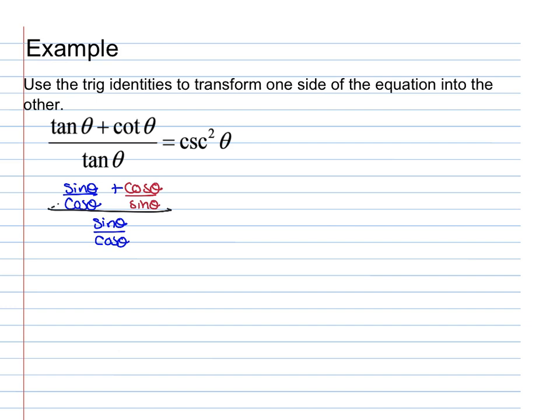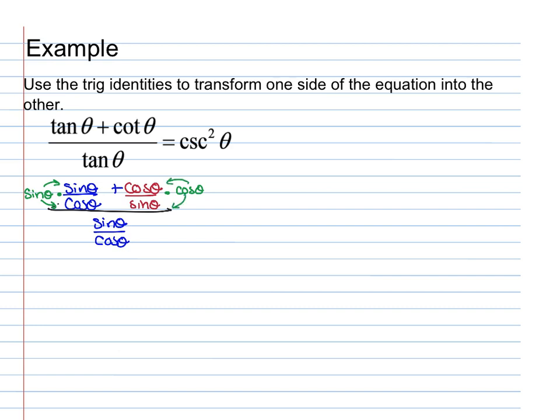I want you to look at the top part, and I want you to realize that anytime I'm adding two things, technically there are two fractions, I need a common denominator. So I'm going to multiply both top and bottom to get a common denominator. So this side needs a sine, and I'm going to put it in the middle. But I want you to understand that I'm basically multiplying top and bottom when I put it in the middle.